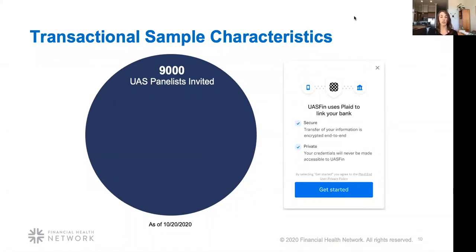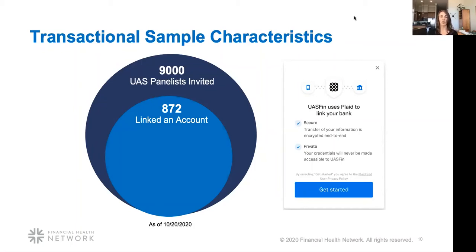So earlier this year, approximately 9,000 members of USC's UAS panel were invited to participate in this portion of the study. A little more than 800 individuals eventually consented to participate and to link at least one financial account to this platform.